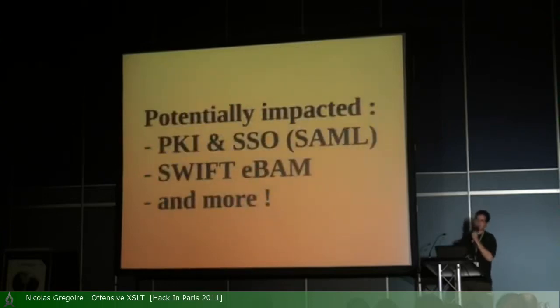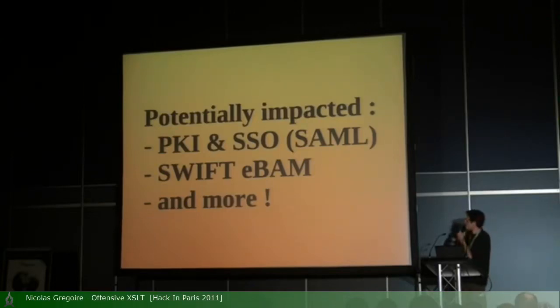Who is potentially impacted? I say potentially because not everybody uses libxslt, and we could find some restrictive configuration where we can't get file creation. I didn't meet any of this configuration in real life, but in my lab it's possible. So we have PKI and single sign-on solutions, which are vulnerable.